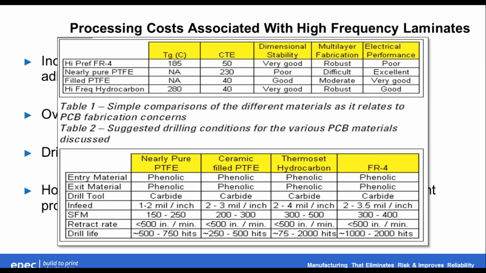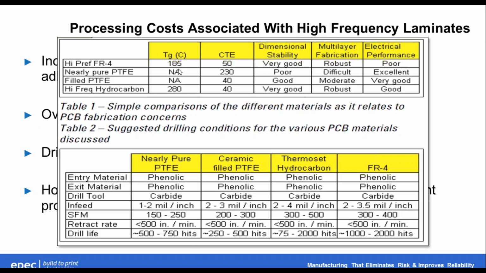Processing costs associated with high-frequency laminates, again, continued. We have here a table, and it just goes through, on the left column, these are the different classifications of material, and as you go to the right, it gives you the temperature, the coefficient of thermal expansion, that being how much the material stretches in various directions, and then just general dimensional stability, how reliable your multi-layer fabrication will be, how well your boards will laminate, and how good your electrical performance is.